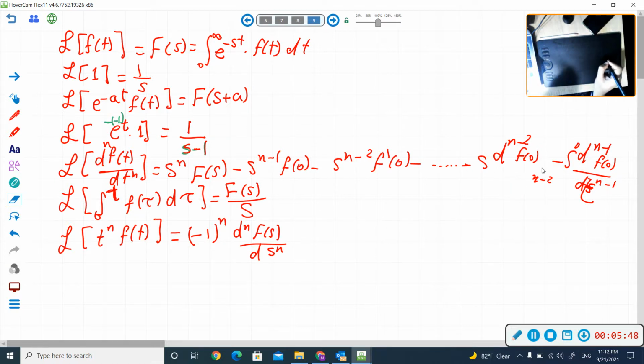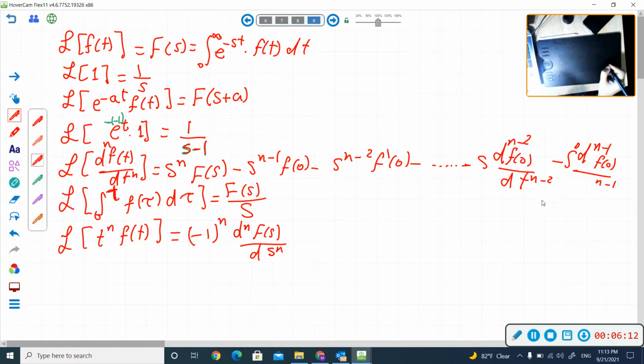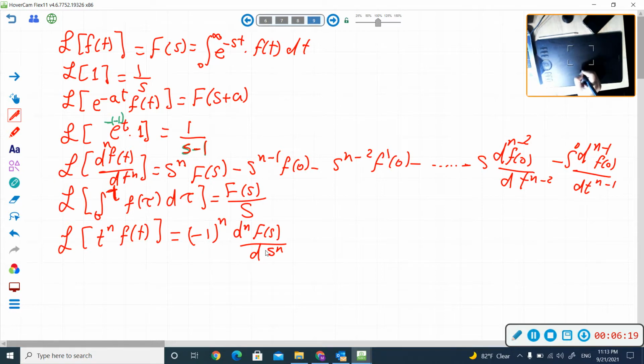Okay, so this is the derivative with respect to t, n minus 2. Again, so this is the t. Okay, but here this is the derivative with respect to s.